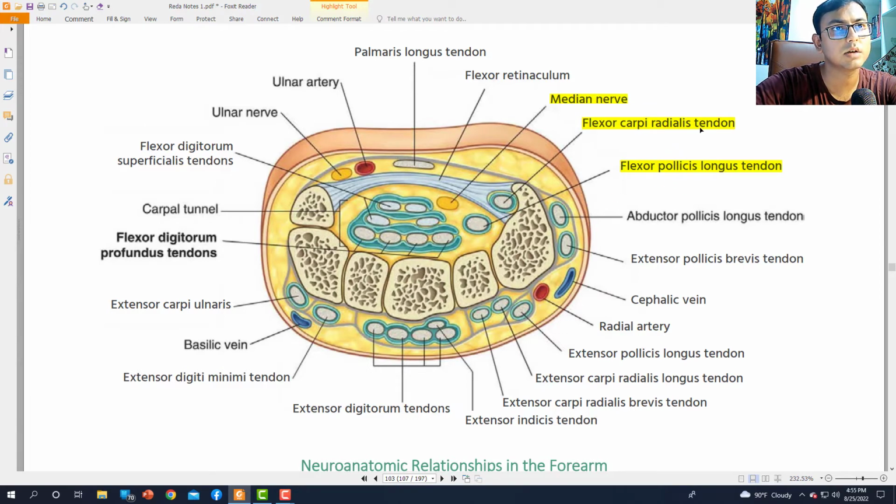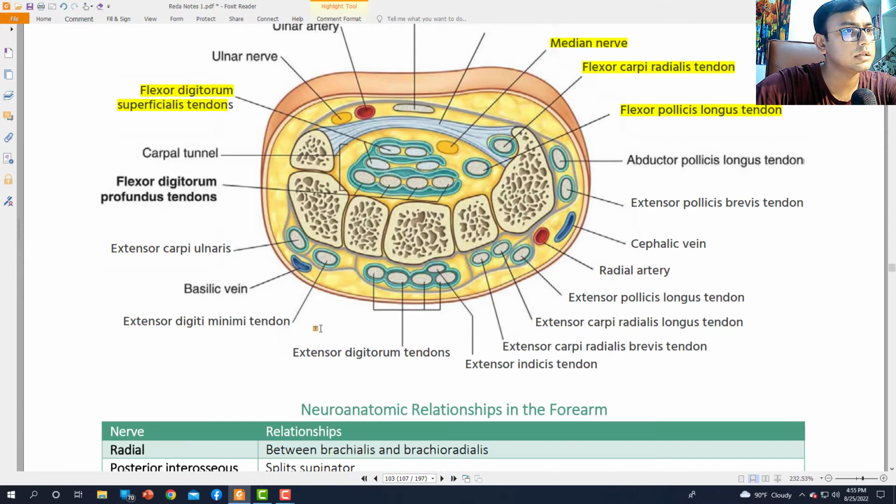All the structures go down: the profundus and superficialis, superficialis here and profundus here. So this is the tunnel. Superficialis and profundus are present under the retinaculum, and within it the flexor pollicis longus and flexor carpi radialis, and this is the flexor pollicis longus tendon.